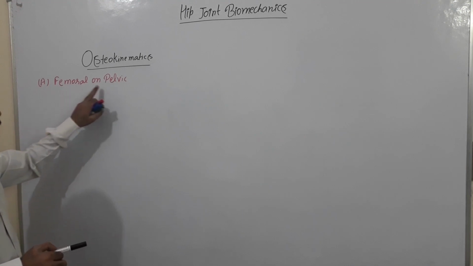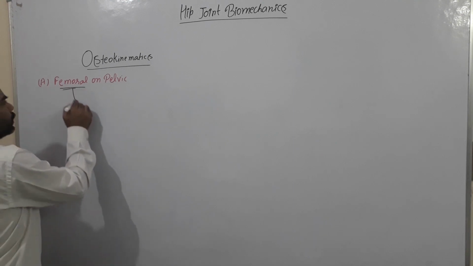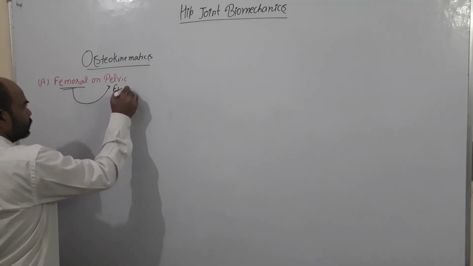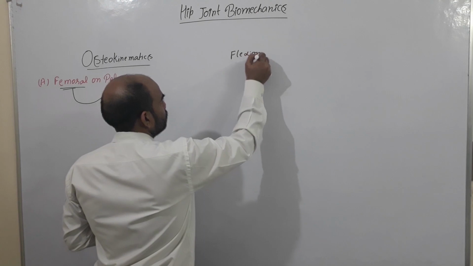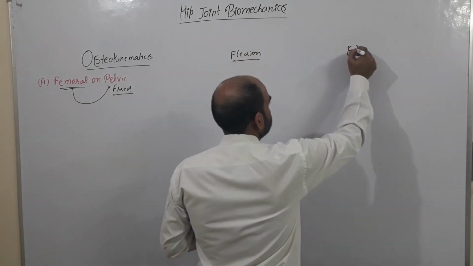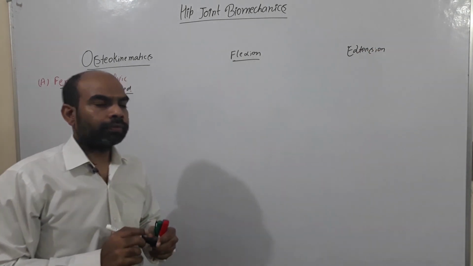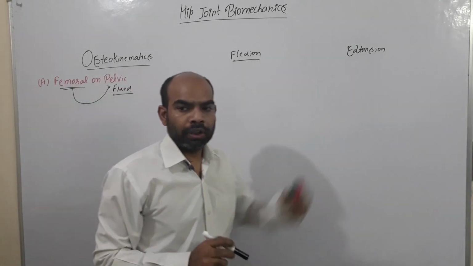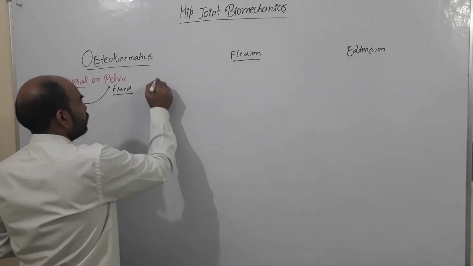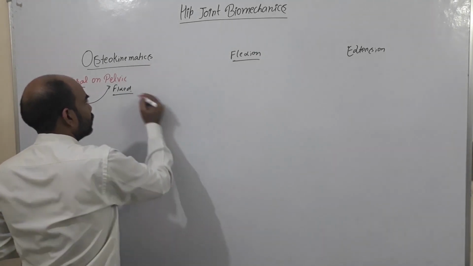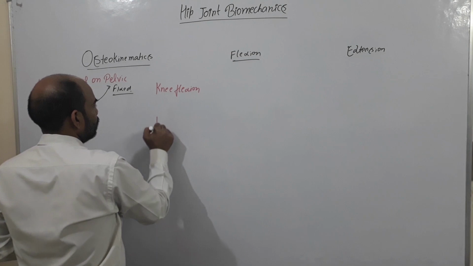First movement is femur on pelvis, means femur is moving on fixed pelvis. So first movement is flexion and extension. The range of motion of flexion and extension of hip joint depends on knee joint, whether the knee is in knee flexion or knee extension.